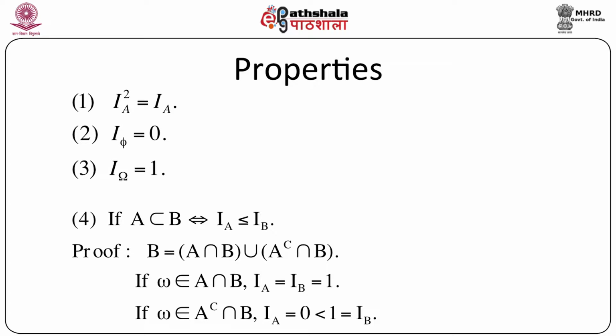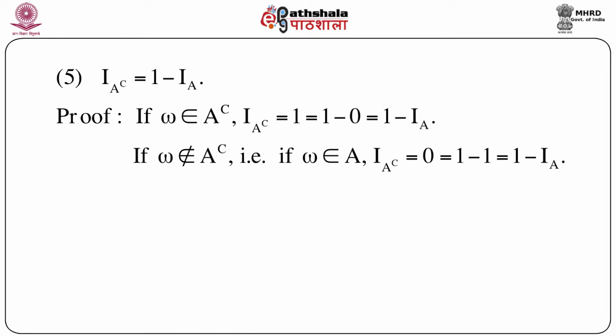Now let us consider another property of the indicator function with respect to A complement, and the property is I of A complement is nothing but 1 minus IA. Again, the proof is extremely simple. That is, if omega belongs to A complement, I of A complement is nothing but 1, because by the definition of the indicator function, I of A complement equals 1.